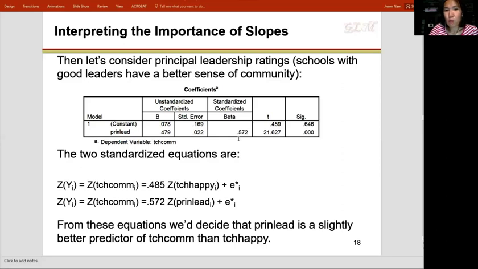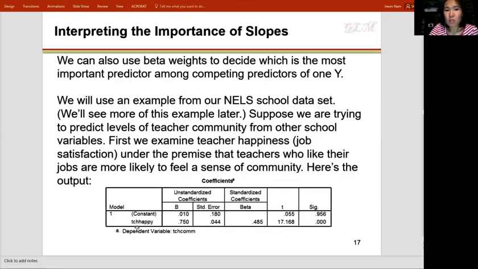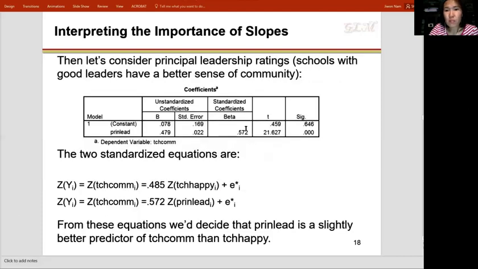So the slope of principal leadership is 0.572, and the teacher happiness slope, the beta weight, the standardized slope, is 0.485. So this is bigger than the other. So we think principal leadership is more important. This is the effect size, a comparable effect size.